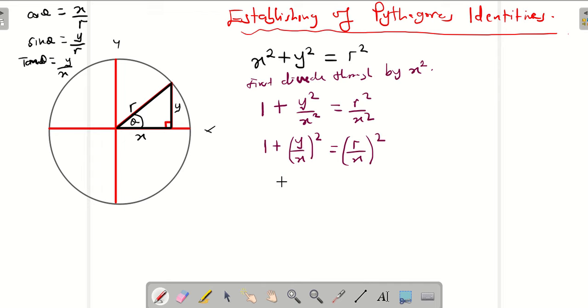Now we can write this one as 1 plus y over x. Now remember that we have y over x to be tan theta, so we write tan theta.